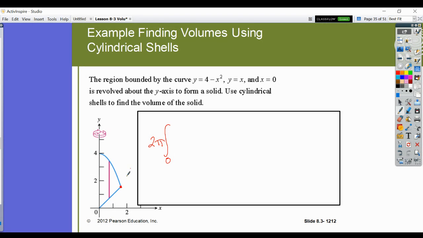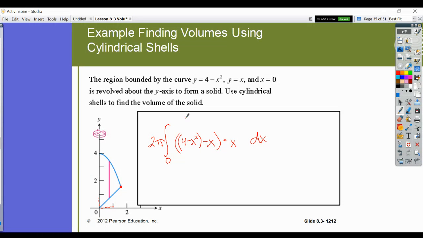So that's the parabola minus the line. And then that all is times how much I'm moving along there in this direction, which is x dx. So that's the setup for my problem.